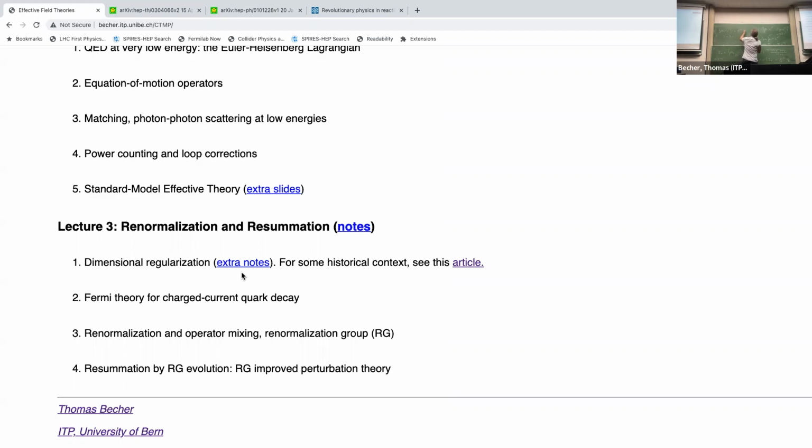Then I have the integral over k prime, but of course this is exactly the same integral as before. So you get the relation that this integral J_n is equal to lambda to the d plus 2n times J_n.